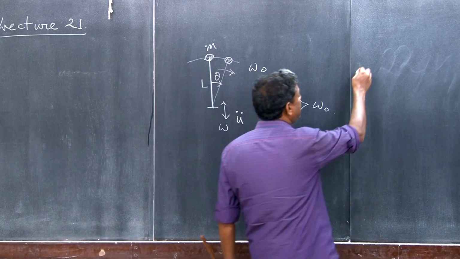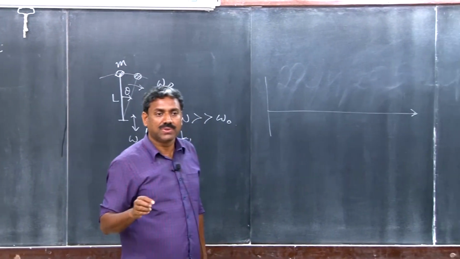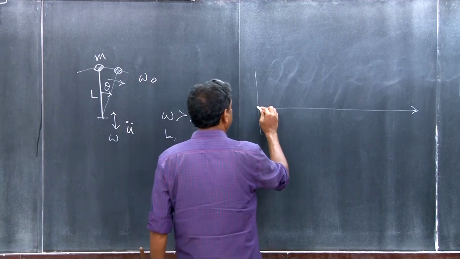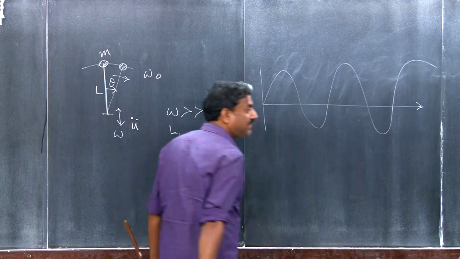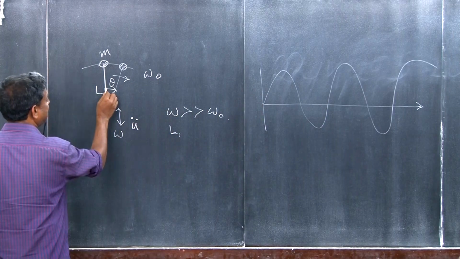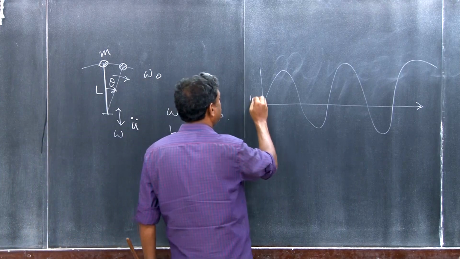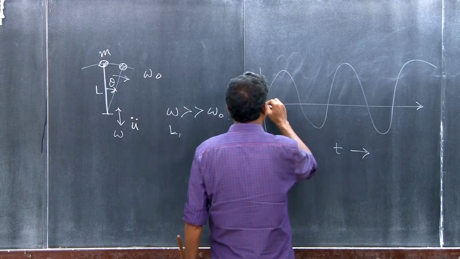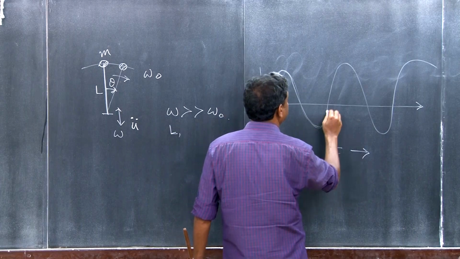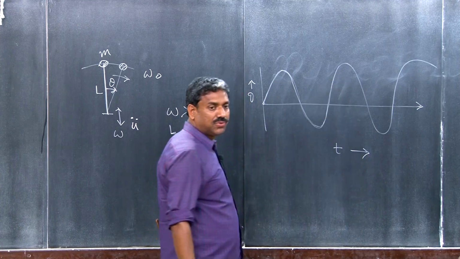So there are two time scales in the motion that were competing. One is the periodic motion dictated by the frequency omega 0. If we plot theta with time, the characteristic frequency for this is omega 0. So this is the slow frequency.